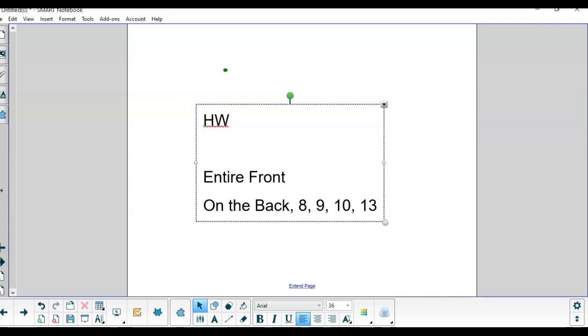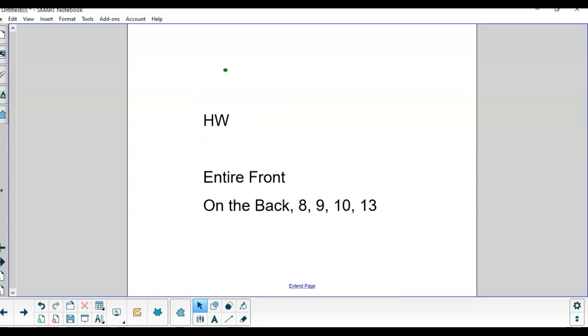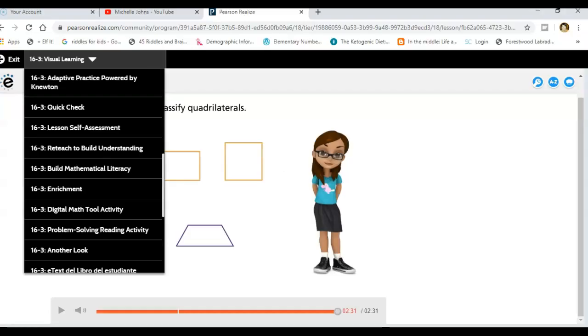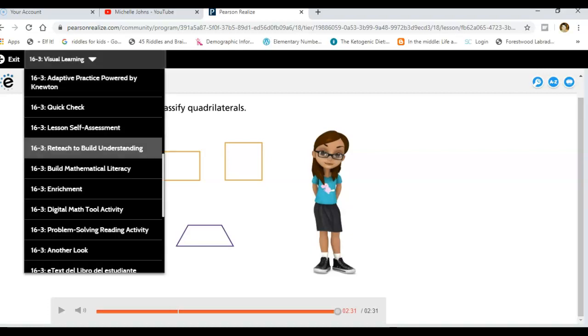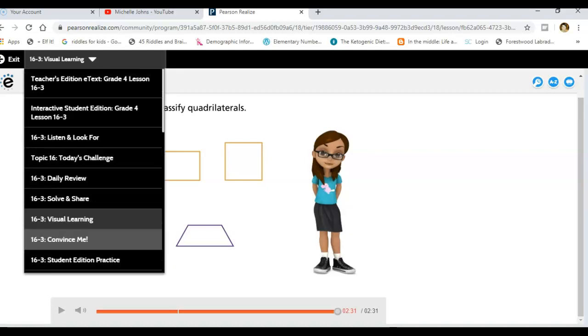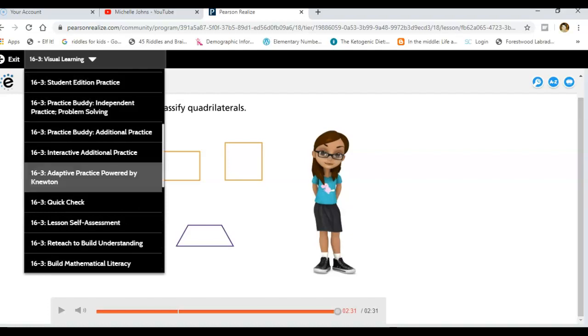And again, does that mean you can't do 11 and 12? No, of course not. Go for it. If you want to do 11 and 12, you can. Also remember, if you want to do some extra practice for math, you can go into your page, and I opened up the visual learning so you could watch that again.